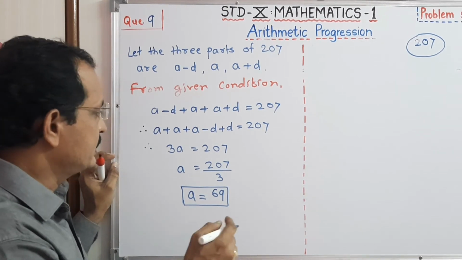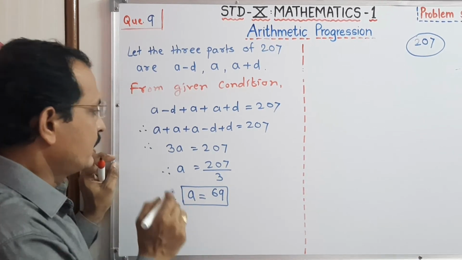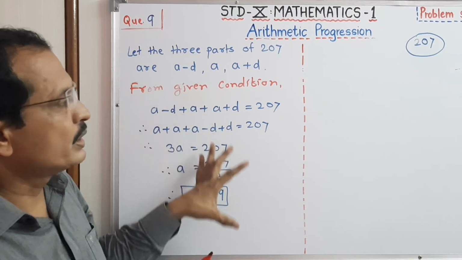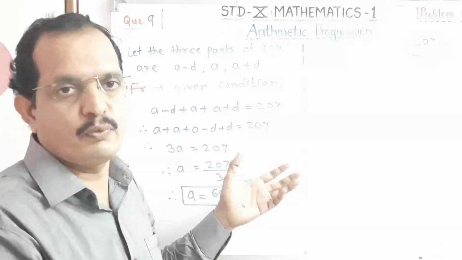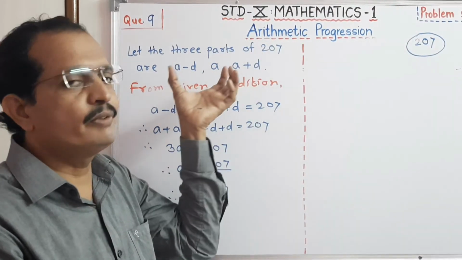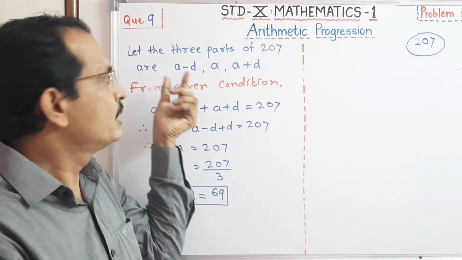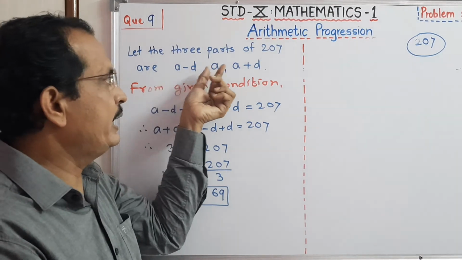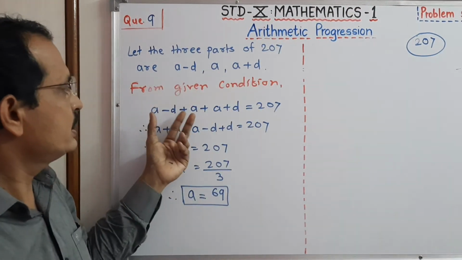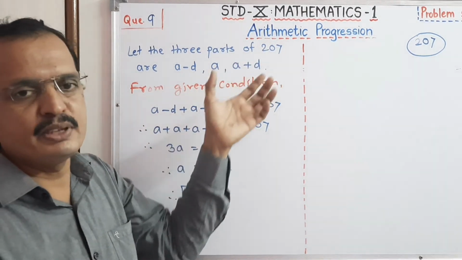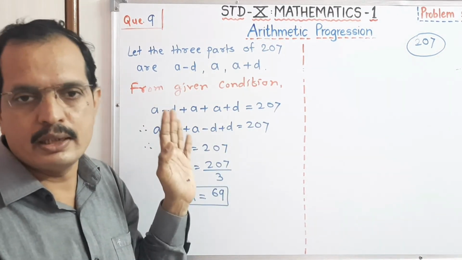Yes student, see. Here the sum of all these three numbers is 207. It is given, but in a different way. That means we divided 207 into three parts. Those three parts are A - D, A and A + D, because these are in AP. Therefore, by using this condition, remember three parts means the sum of those three parts is 207.